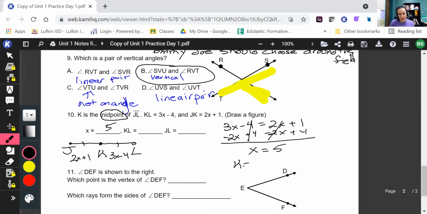So KL was 3x minus 4. So 3 times 5 minus 4. 3 times 5 is 15, minus 4 is 11. So the length of KL is 11. And that means that JL is also 11 because K is the midpoint and each side is the same.